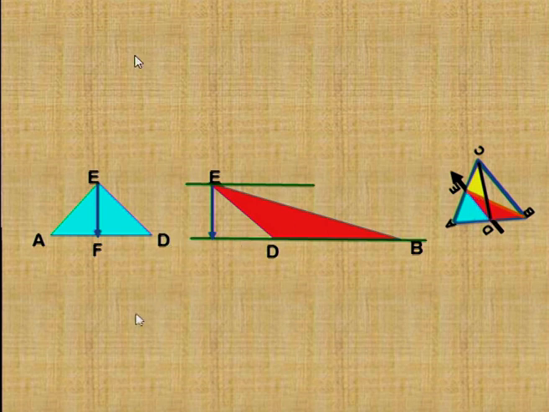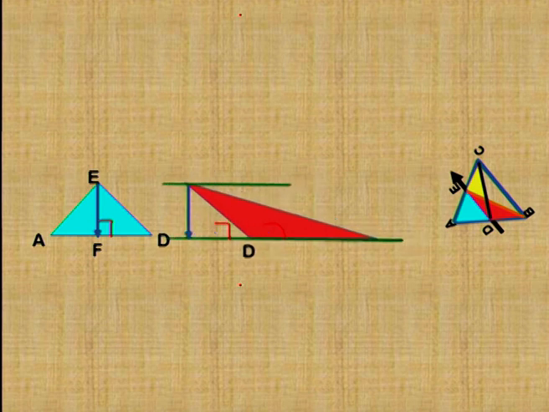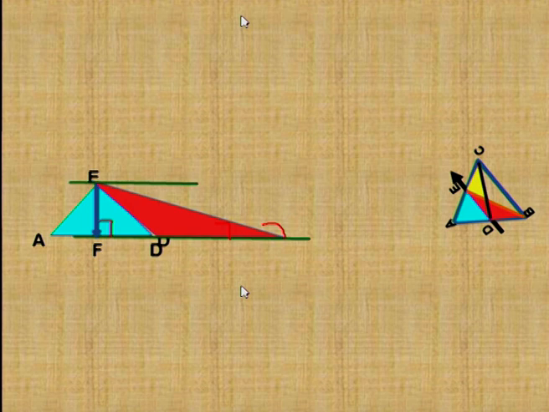What happens? This is the height of the triangle, since it is a perpendicular line. This is an exterior angle triangle, the height lies outside, and this is also the height of this triangle. And if I bring them back, both became equal, the height of ADE and the height of DEB are equal in these two figures.